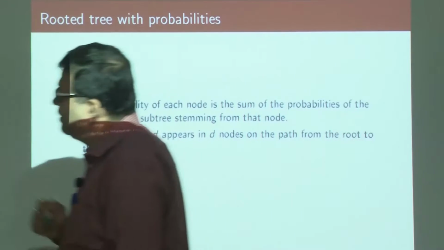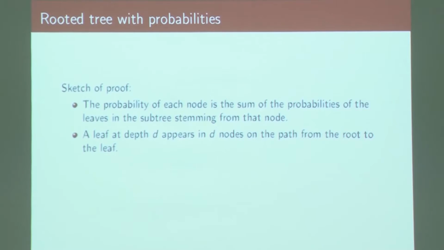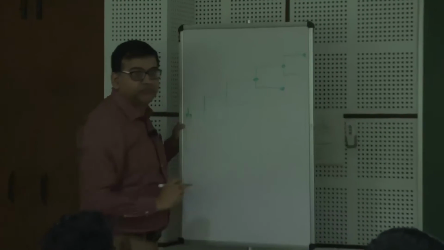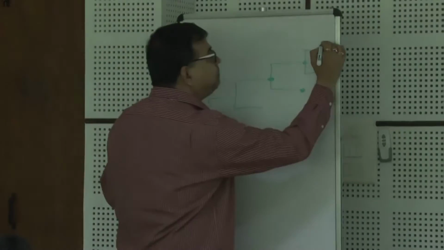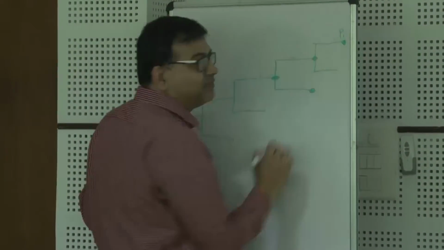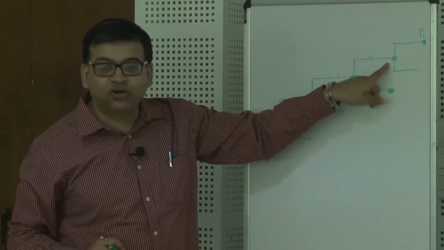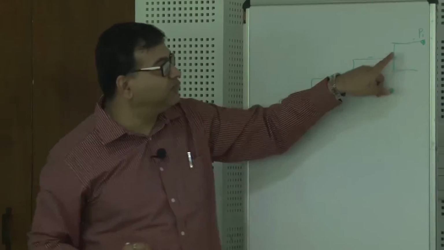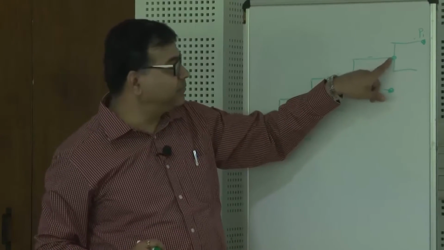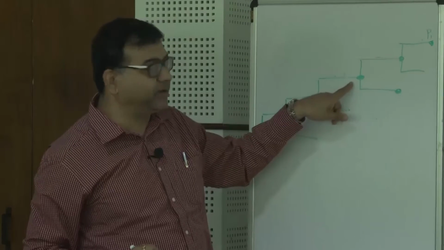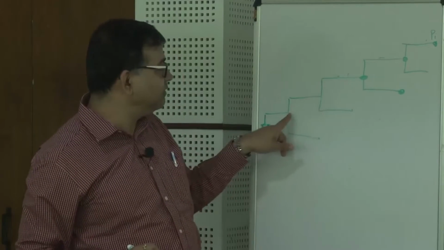If I have a leaf here, okay, what is its depth? 1, 2, 3, 4. It has some probability, let us call it pi. Now where is this probability appearing? In this node, because this node's probability will be this plus this. It appears here because this pi is appearing, so it will appear in 2, 3, 4.